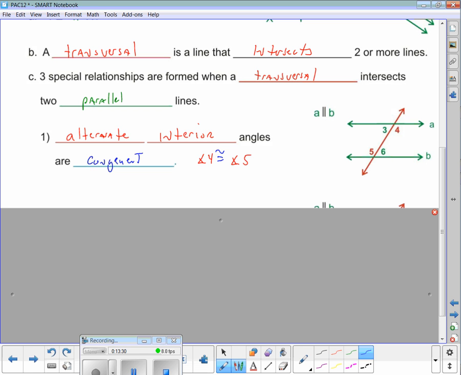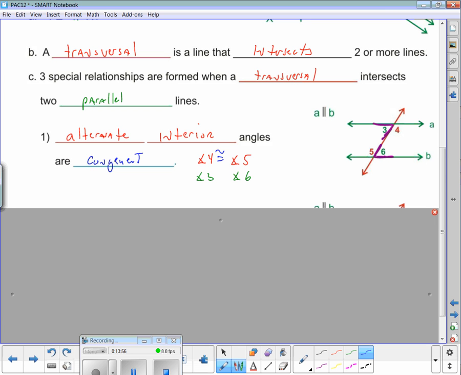Now there's a second set of alternate interior angles, and that's angle 3 and angle 6. Because again, notice one's on one side of the transversal, the other's on the other side of the transversal, and notice they're in the interior. So we have a second pair of alternate interior angles.